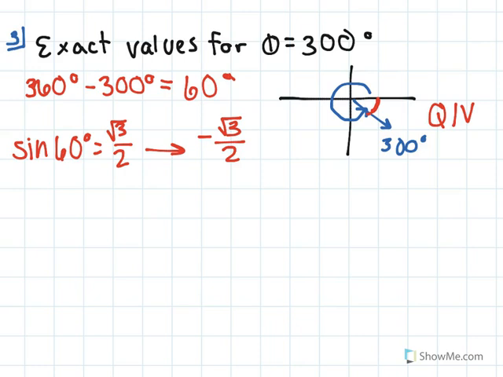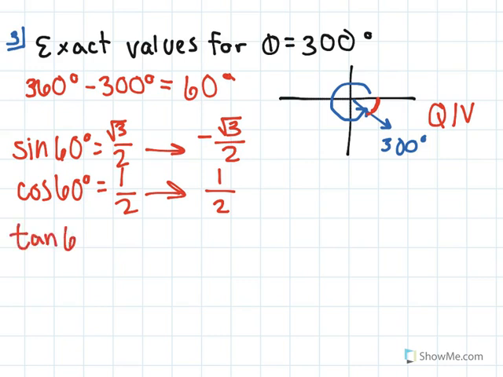So cosine of 60 degrees is 1/2, and in quadrant 4 cosine is positive, so that value remains positive for 300 degrees. Tangent of 60 degrees is the square root of 3. However, tangent is negative in quadrant 4, so our answer for tangent would be negative square root of 3.